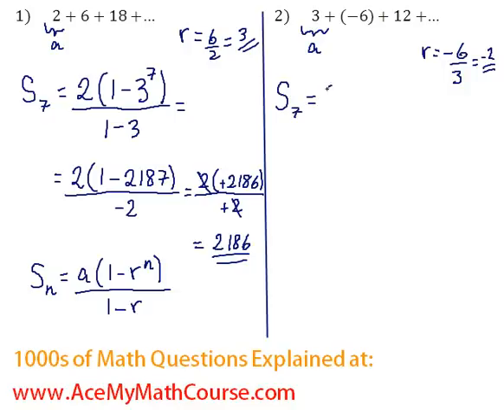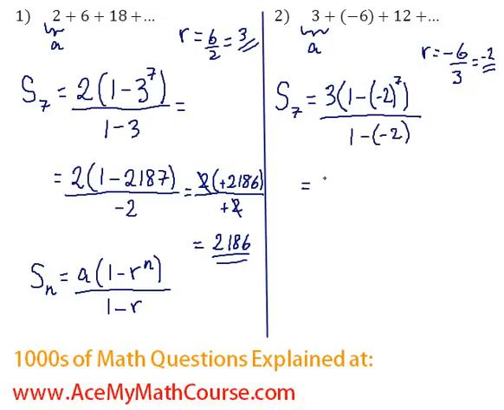Here we're going to have 3 times 1 minus negative 2 to the power. Now it's always very nice to put brackets around r, especially if it's negative. And we have it to the power of 7 all over 1 minus negative 2.